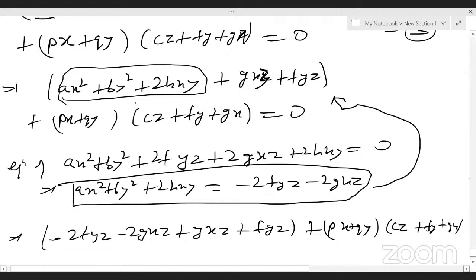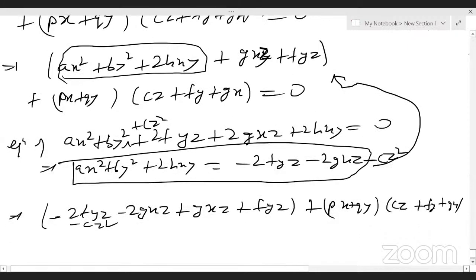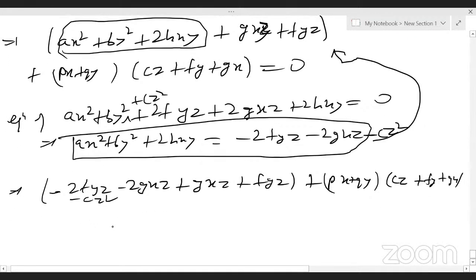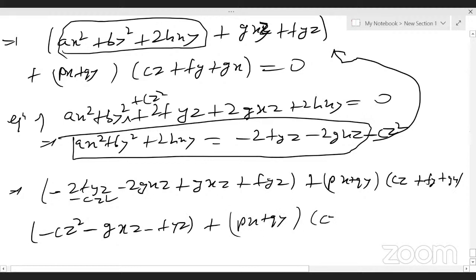Oh sorry, here you will have this term also, plus cz square. So here minus cz square will also come. So here you will get minus cz square minus gxz minus fyz plus px plus qy into cz plus fy plus gx is equal to 0.